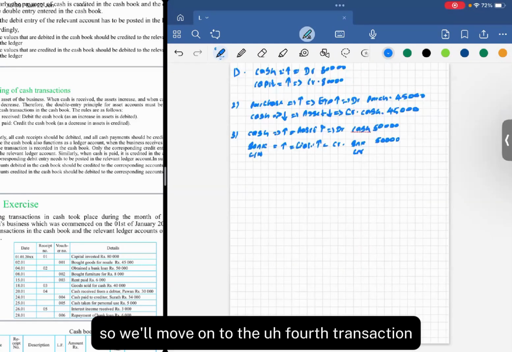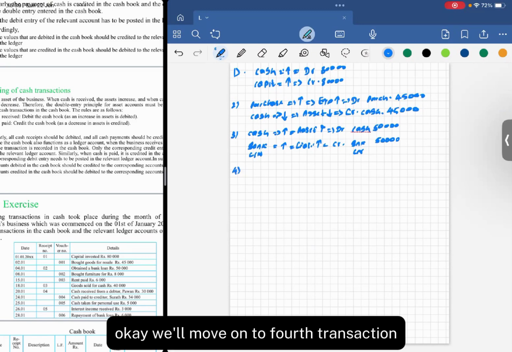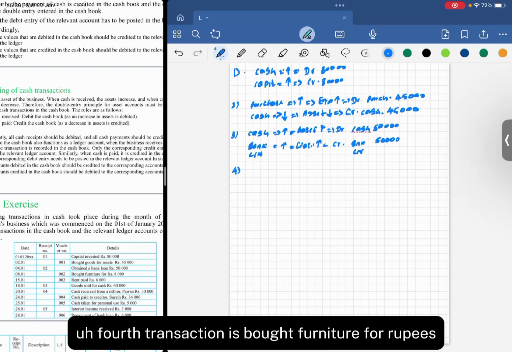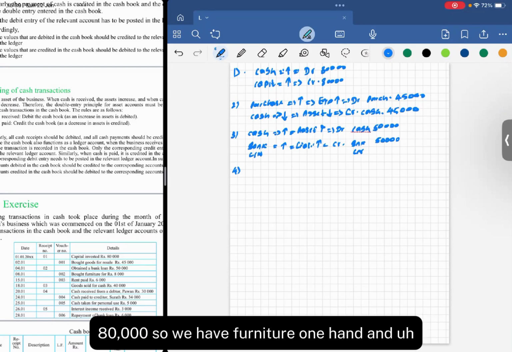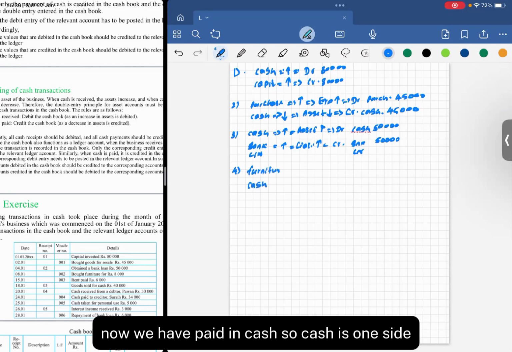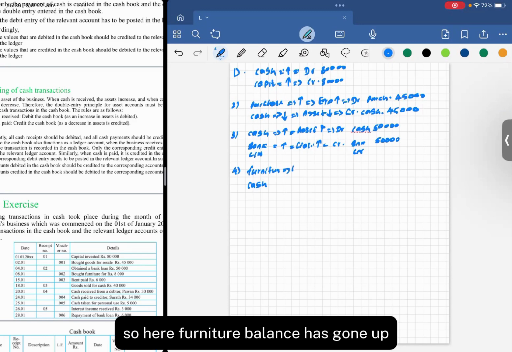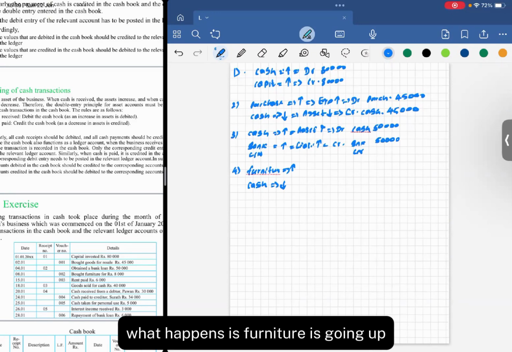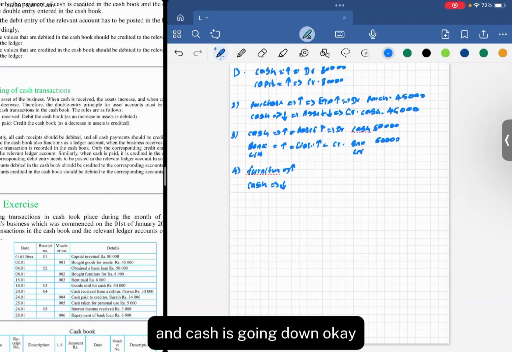We'll move on to the fourth transaction. Fourth transaction is bought furniture for rupees 80,000, paid in cash. Furniture balance has gone up, cash balance has gone down. When you buy furniture, furniture is going up and cash is going down.